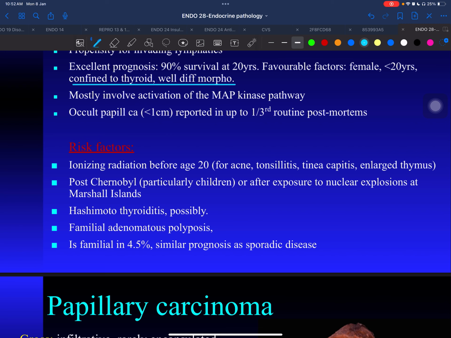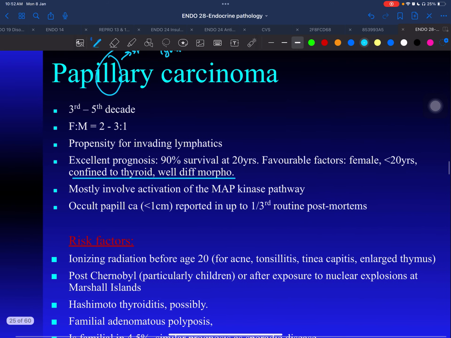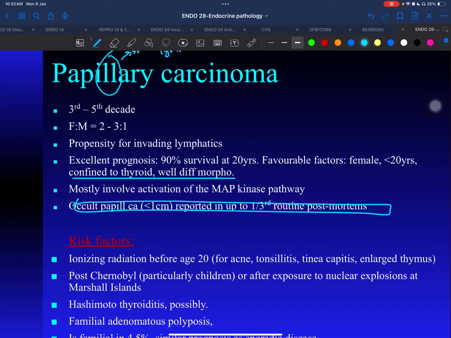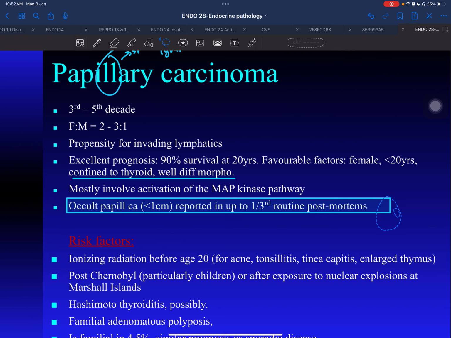Who gets papillary thyroid carcinoma? Those who had ionizing radiation before the age of 20, for tonsillitis, acne, tinea capitis. What is tinea? A fungal infection on the head. Or an enlarged thymus, that they have been radiated. Because of that, they develop thyroid cancer.